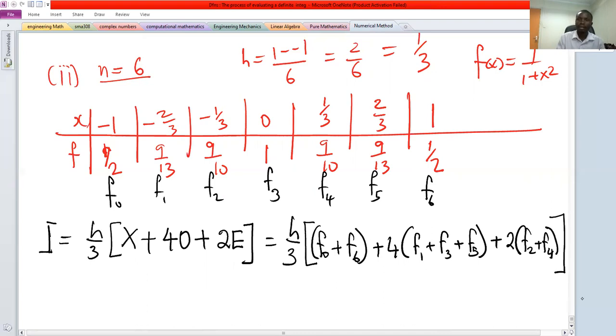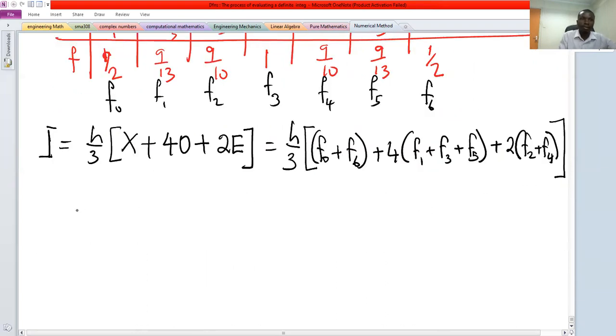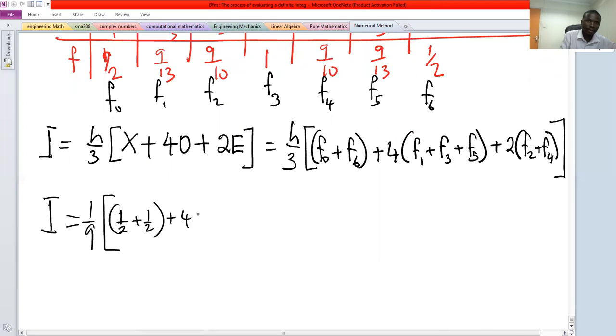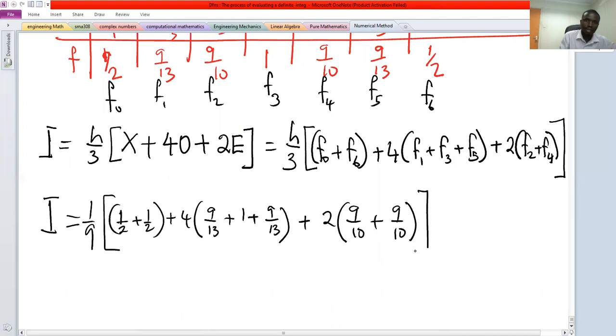So we'll have now I. Remember, h is 1/3. So dividing by 3, you get 1/9 into a half plus a half plus 4 into 9/13 plus 1 plus 9/13 plus twice into 9/10 plus 9/10, close brackets.